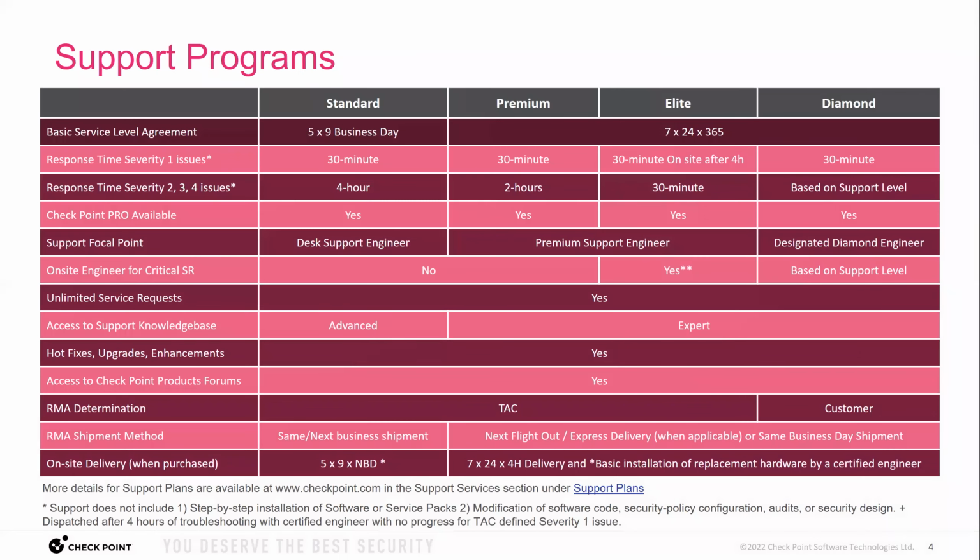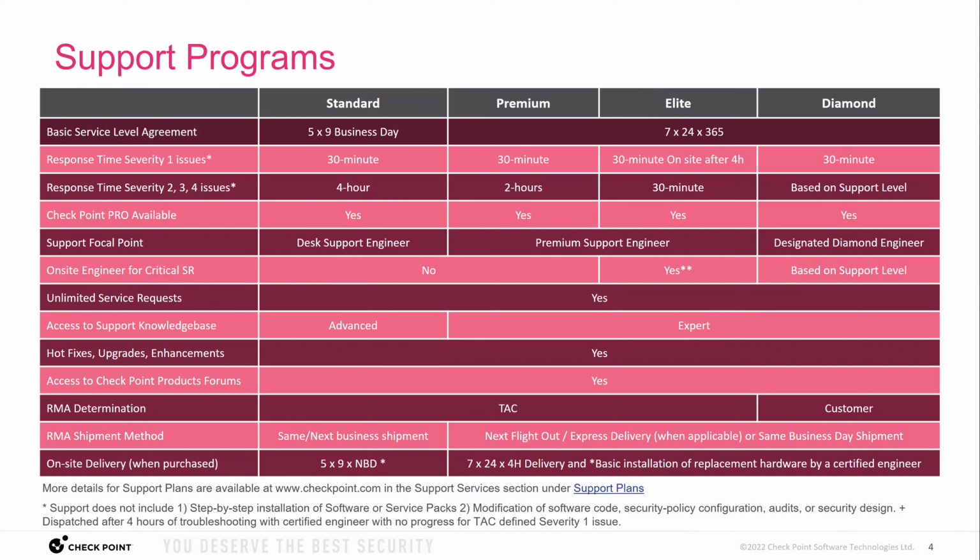So these are the basic support programs. When you work with your SCs and partners, they pretty much explain these things to you. This could be different per customer, but one thing that's pretty standard across the board is the response time. In the second line down, the SEV1 issues are always handled with the highest priority.